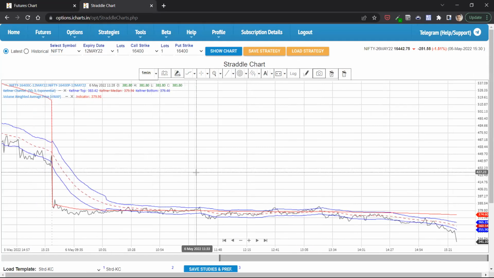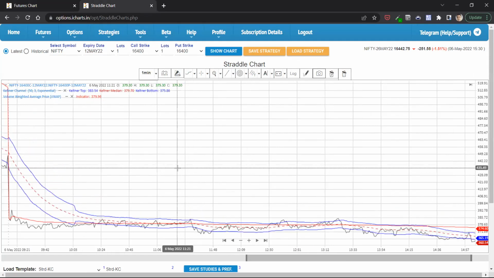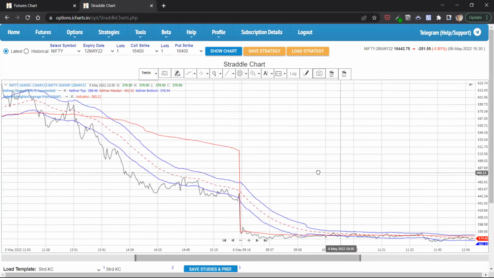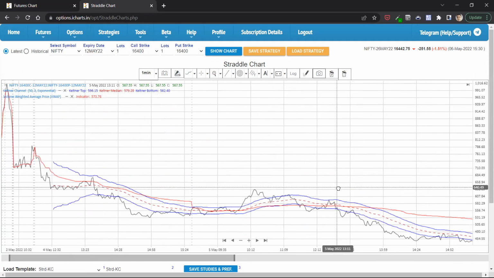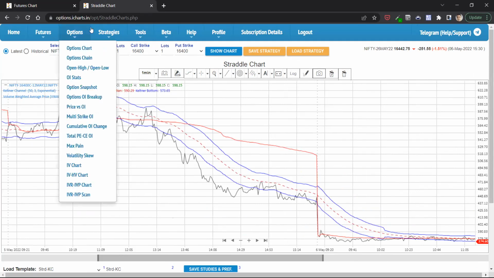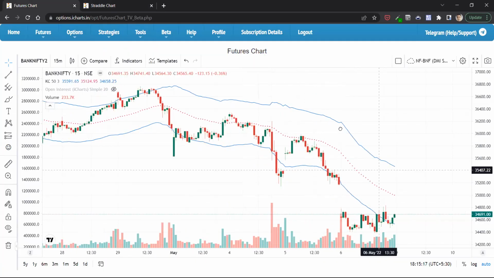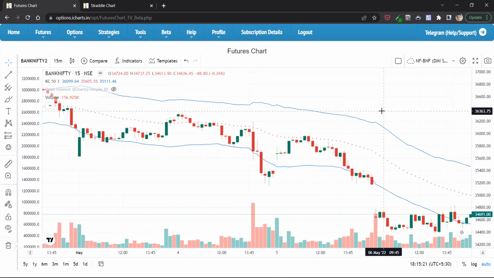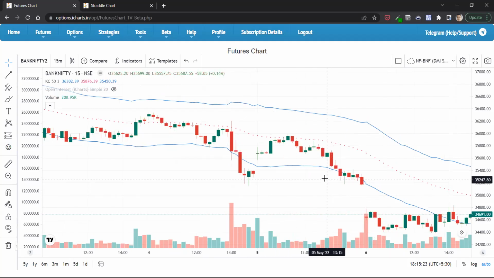But I have one thing I can probably tell you for straddles. Let me take a day when it has really moved a lot. So what day is better? 4th is good. 4th, did it move a lot?